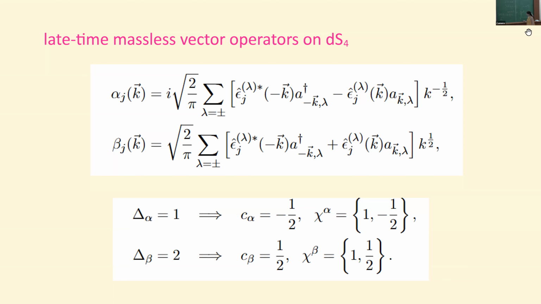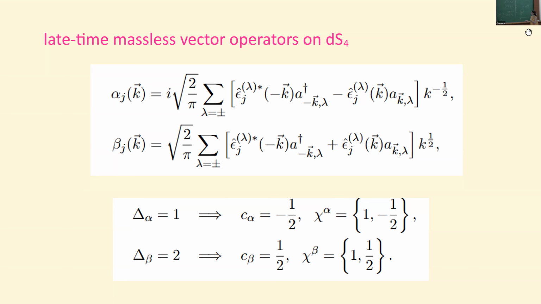The transformation changes the K dependence, not all these other ones. So knowing the scaling dimension and the important piece from the scaling dimension and spin, these are the labels.